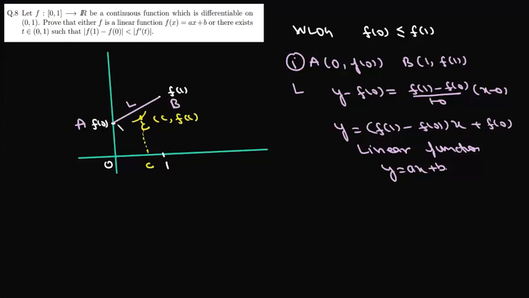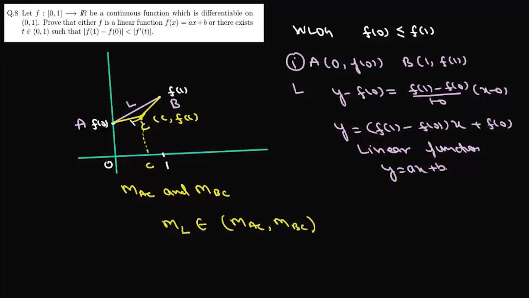Now if we join A with C and B with C, then we have 2 slopes here, slope of AC and slope of BC. Now one of these slopes is less than that of L, and the other slope will be greater than that of L. So that means the slope of this line L will always lie between the slope of AC and the slope of BC.